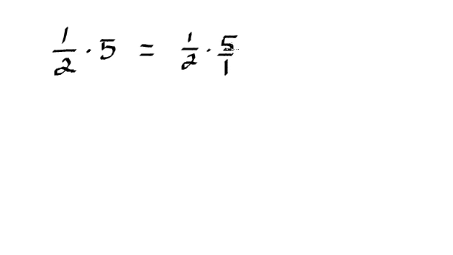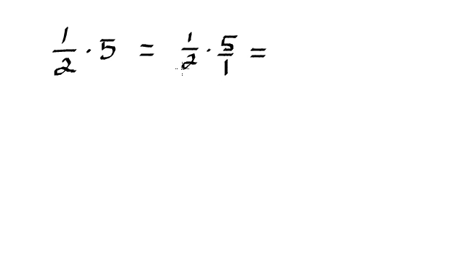Alright, multiplication. Let's say, for example, we had a half, and we were going to multiply that by 5. Well, this can also be rewritten as 1 over 2 times 5 over 1. And remember, 5 over 1 is just 5. Well, this is a lot easier.